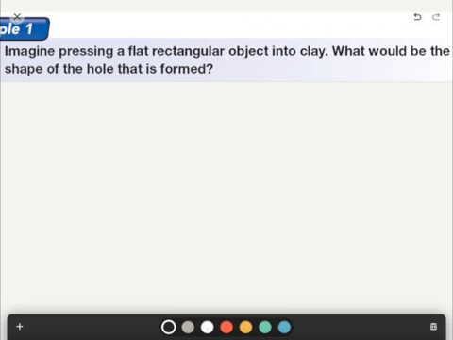What would be the shape of the hole that was formed? Anyone? A line. So, 1, don't blurt. Please raise your hand. And 2, you are incorrect. Anaya. A rectangular prism. Yes, rectangular prism would be the answer for that.